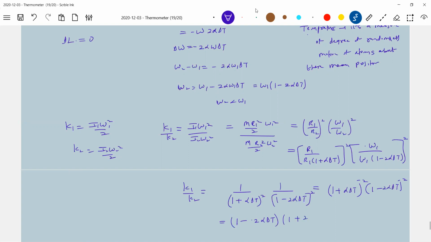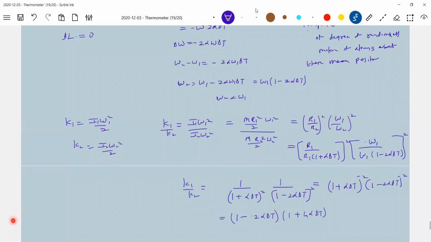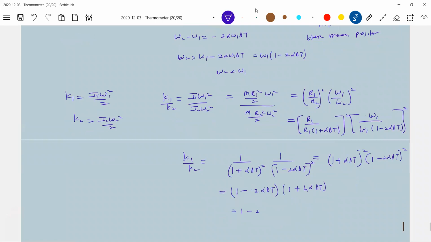This will be 1 plus 4 alpha delta t. So 1 minus 2 alpha delta t plus 4 alpha delta t. Higher order terms will be neglected.